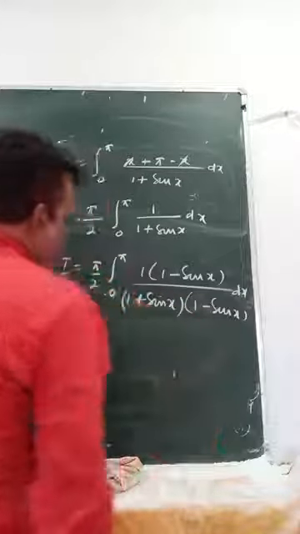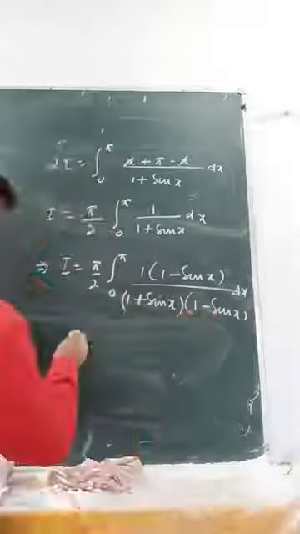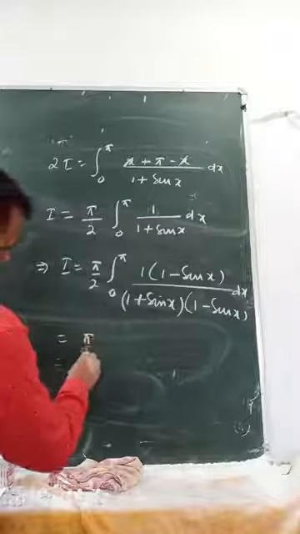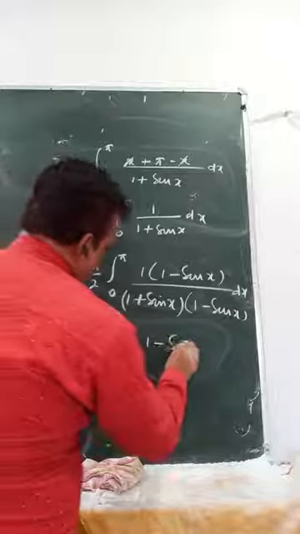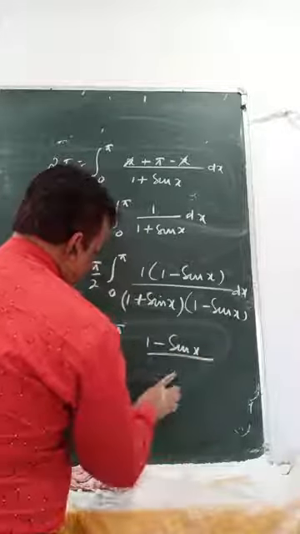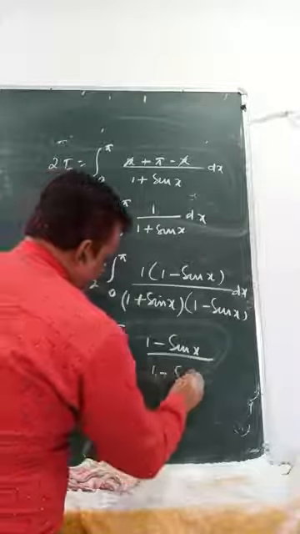Okay, so a plus b, a minus b, that is pi by 2, integral 0 to pi of (1 minus sin x) by (1 minus sin square x).